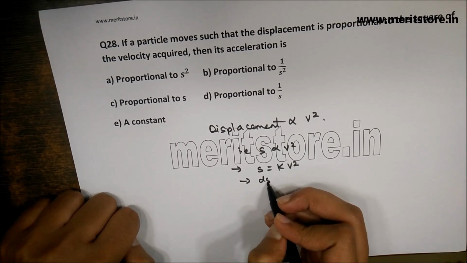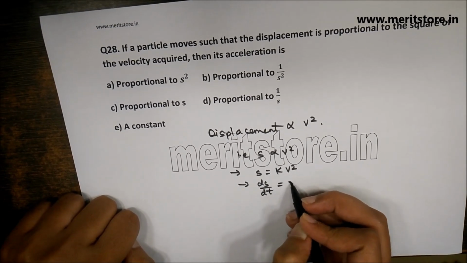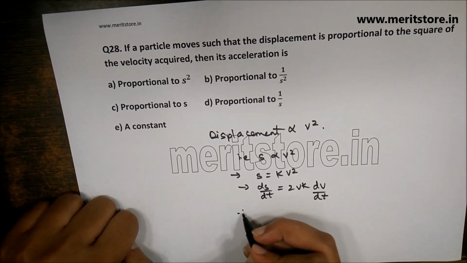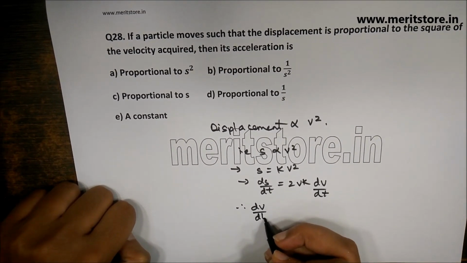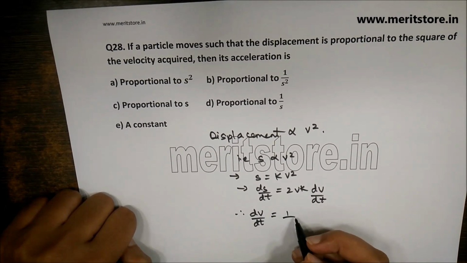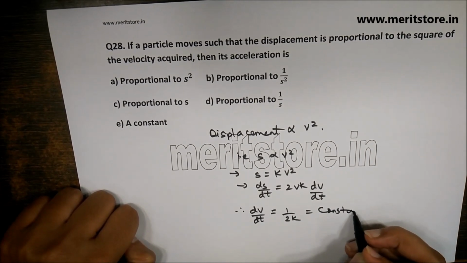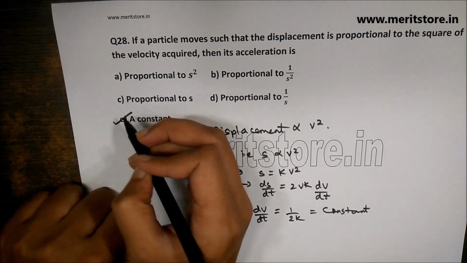Differentiating the term, ds by dt is equal to 2vk dv by dt. Therefore dv by dt, which is our acceleration, is equal to 1 upon 2k, which is a constant. Option E is the correct option.